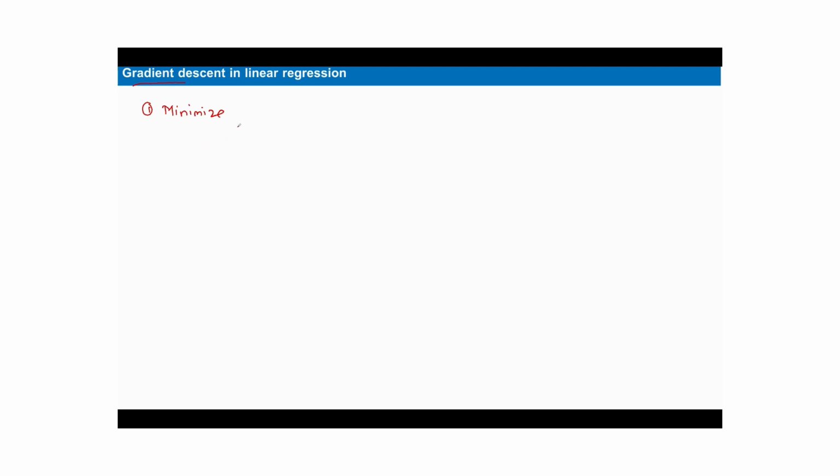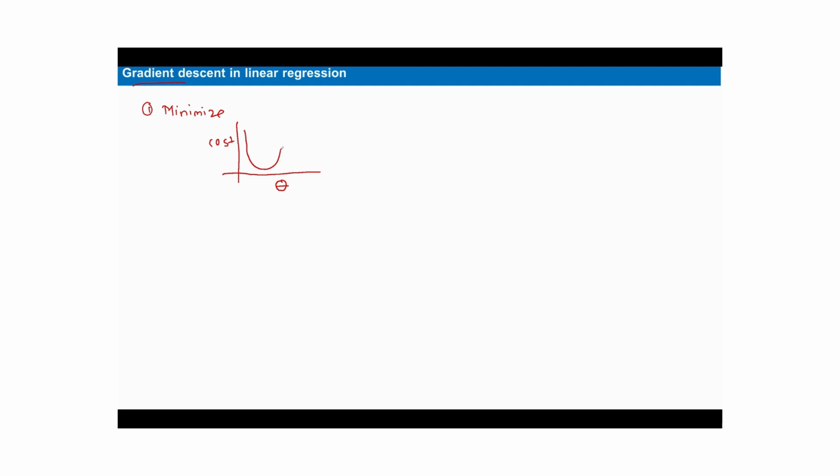Suppose this is our y-axis where the cost will be, and this is the x-axis where the thetas, which are the parameters, will be. With respect to the thetas, we will get the cost like this.